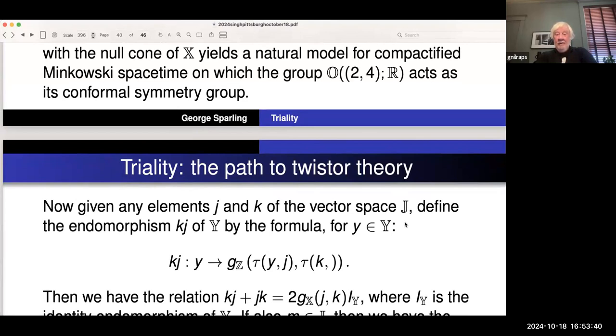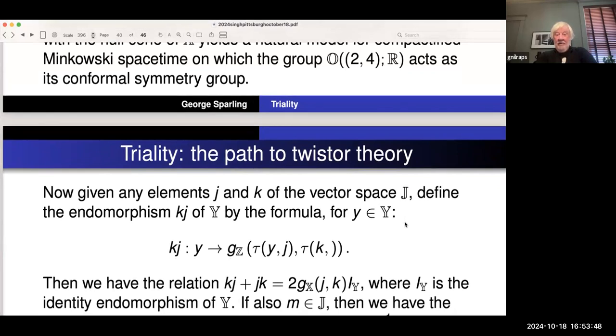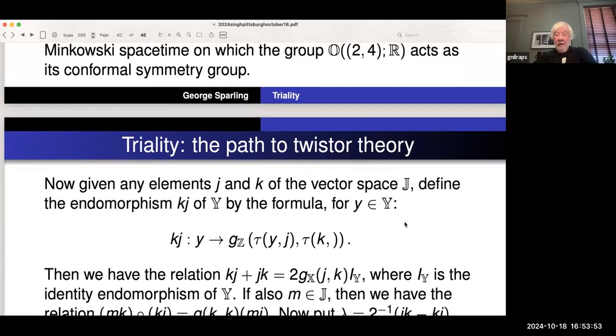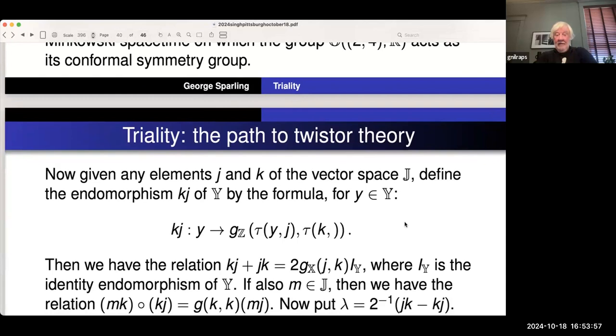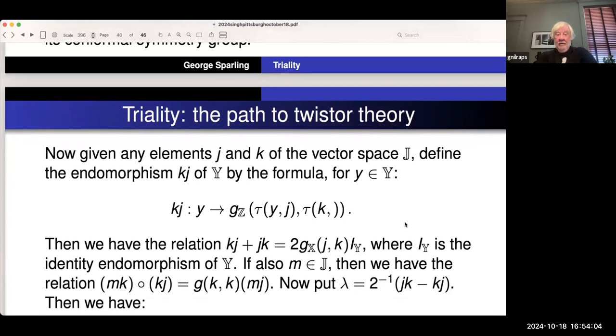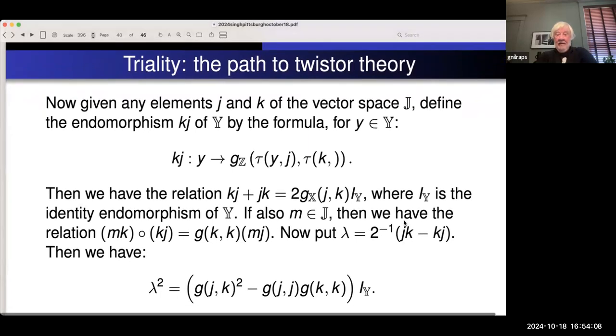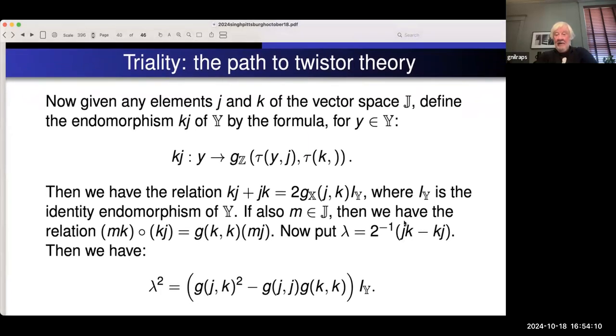But if you've got two trialities, you go from Y to Z and then back from Z to Y. And so what you get when you take the composition of the two trialities is an endomorphism from one vector space Y to itself, or from the other one to itself. So you get two endomorphisms.